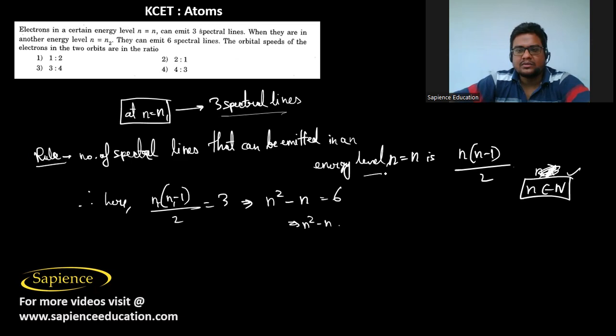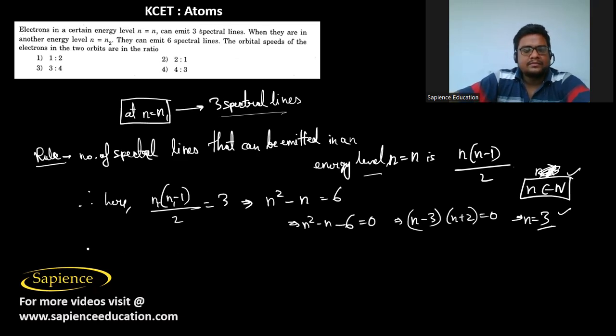It can't be 0 or negative. So n square minus n minus 6 is equal to 0, so n minus 3 into n plus 2 should be equal to 0. So n can't be equal to minus 2, so n should be equal to 3 here.